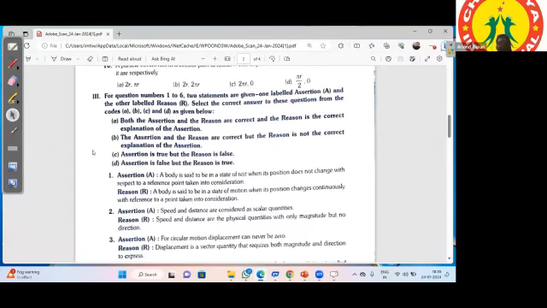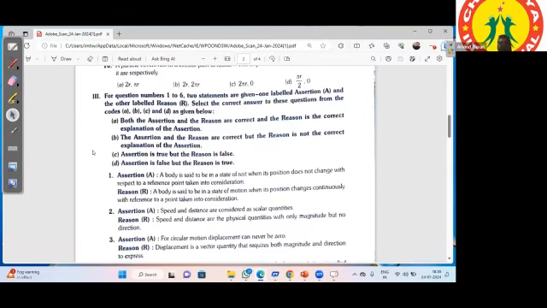You will take option B if the assertion and reason are correct, but the reason is not the correct explanation. And if assertion is true but the reason is incorrect, then C. And if assertion itself is false, you will have option D.